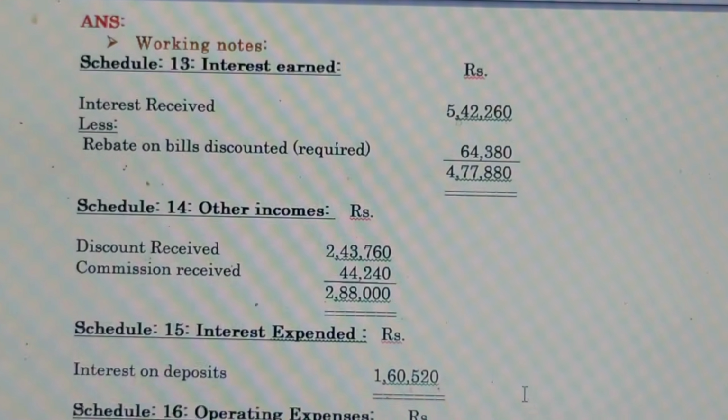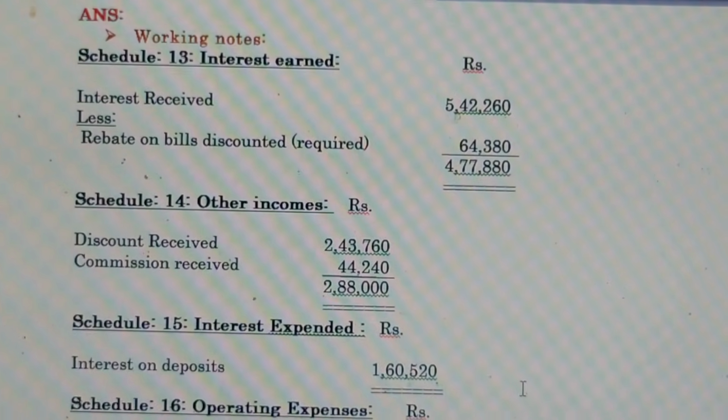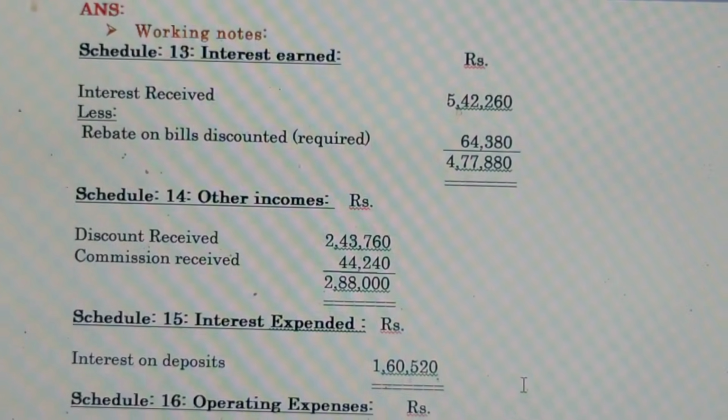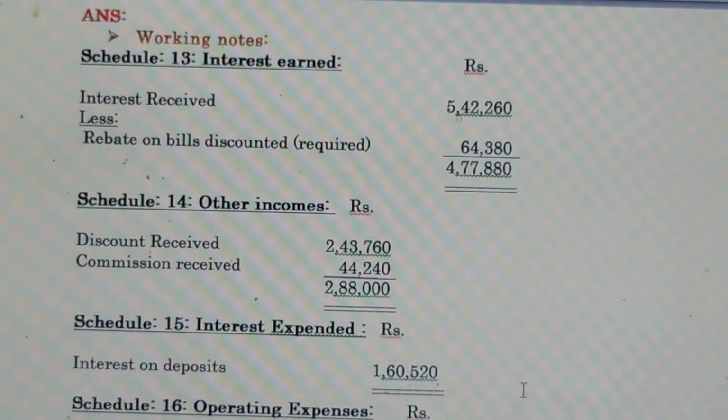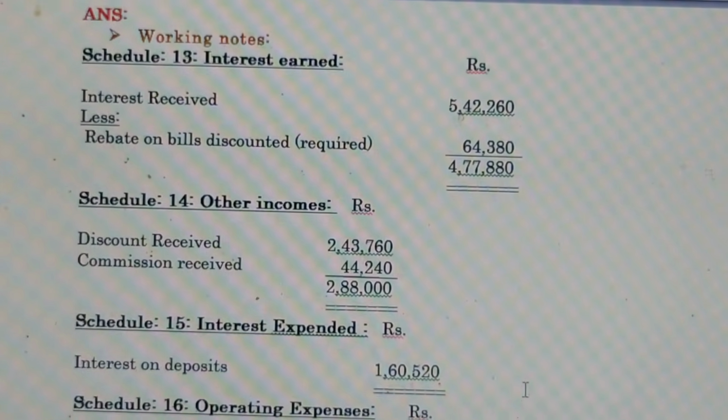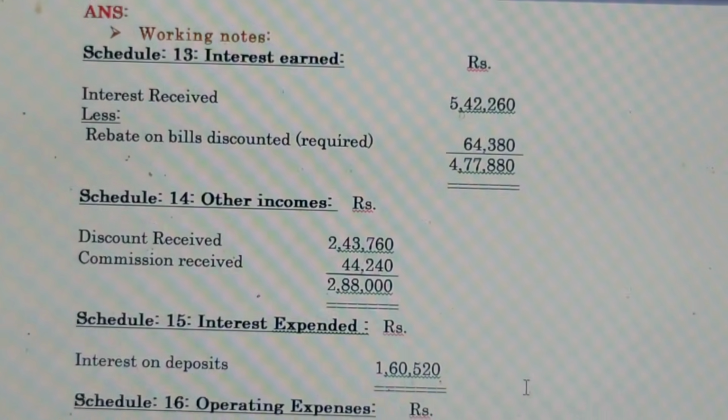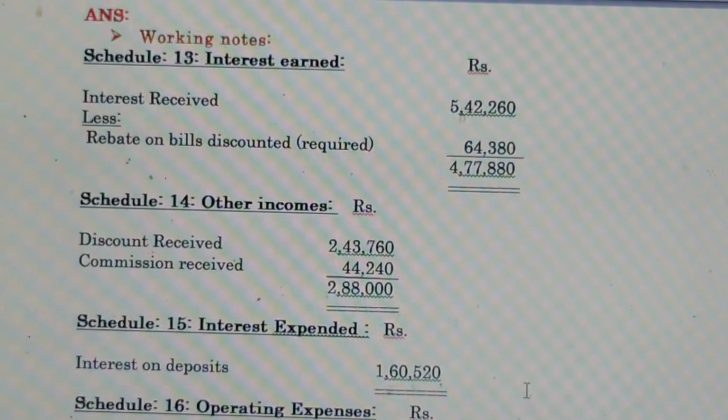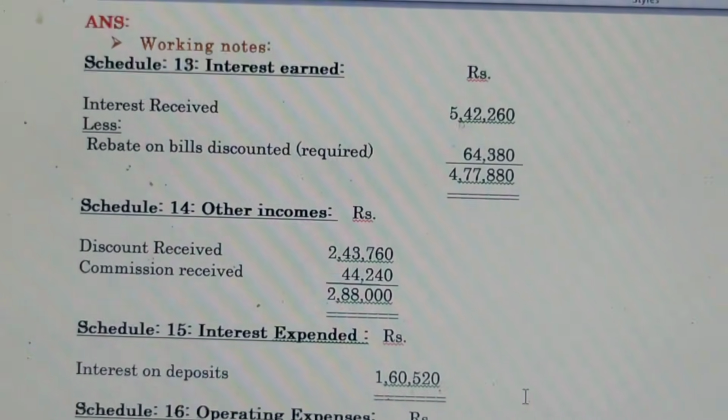First, we have to prepare schedule number 13. That heading is interest earned. Under schedule number 13, we have to mention interest received, that amount is rupees 5,42,260.